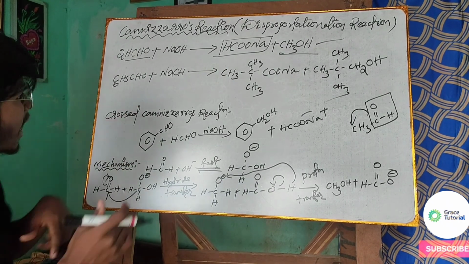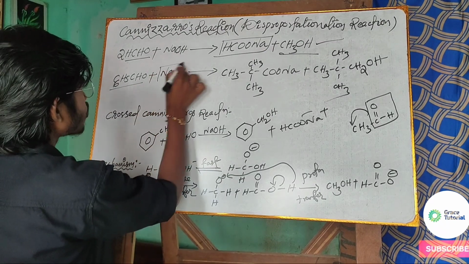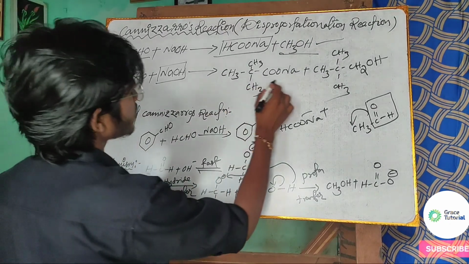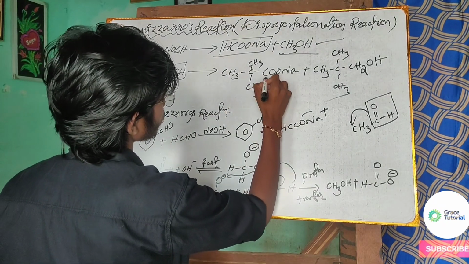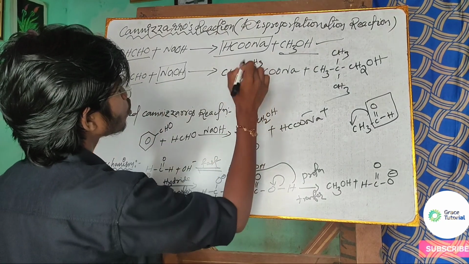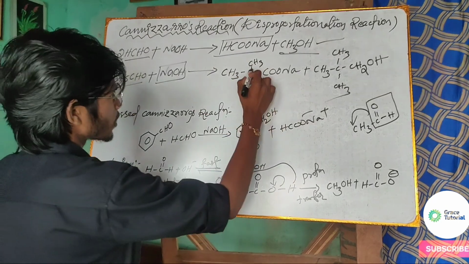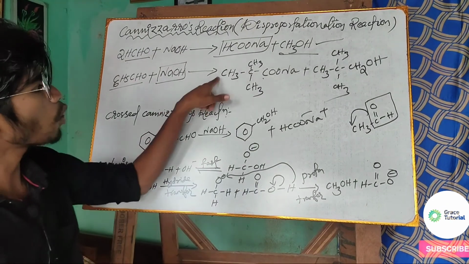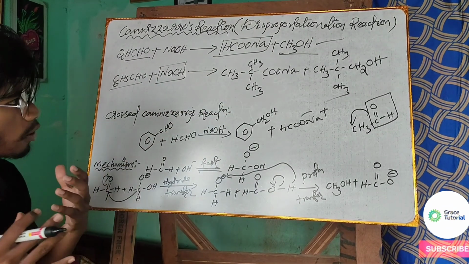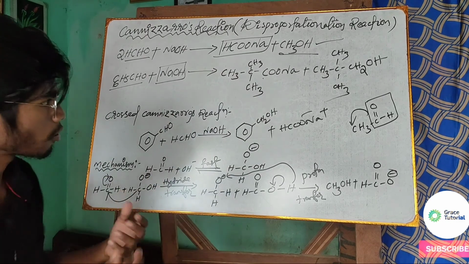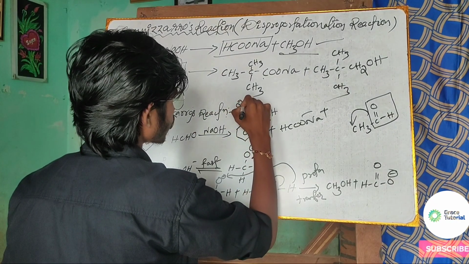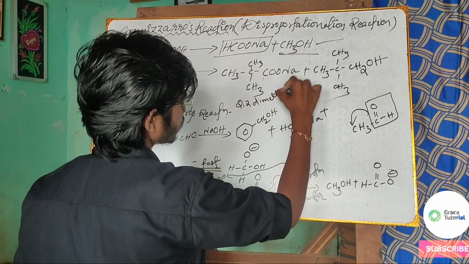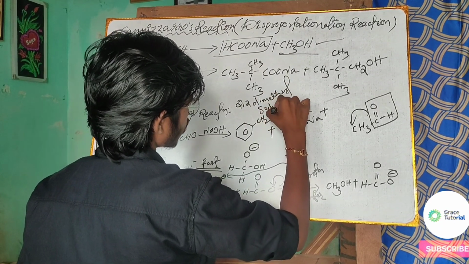So when benzaldehyde reacts with concentrated sodium hydroxide, look at what is obtained here: in the second position, both methyl groups are attached, so 2,2-dimethyl, and with carbons 1, 2, 3, that is 2,2-dimethyl sodium propanoate. So that's what you need to mention, 2,2-dimethyl sodium propanoate.